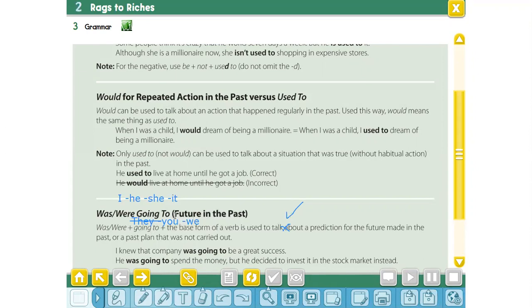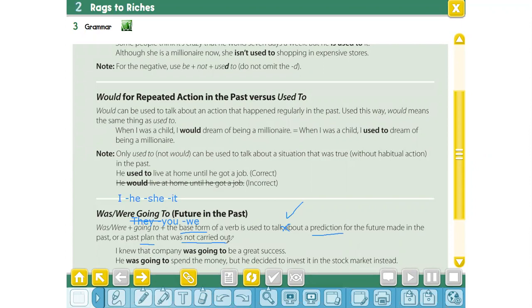Was or were plus going to, it's a future in the past. It's followed by base form, verb without any addition. It is used to talk about a prediction for the future made in the past or for a past plan that wasn't carried out.